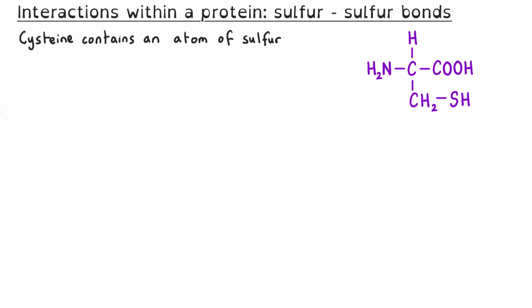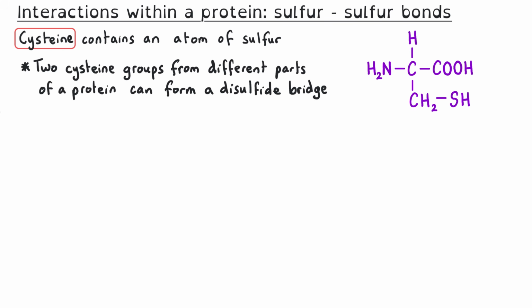Another type of interaction within a protein occurs when two atoms of sulfur bond together. The amino acid cysteine contains an atom of sulfur as part of its R group, as you can see from the diagram here. Two cysteine groups from different parts of a protein can form what is known as a disulfide bridge.